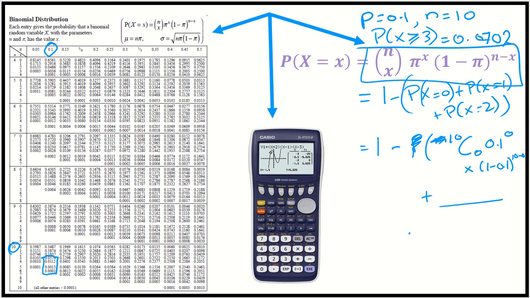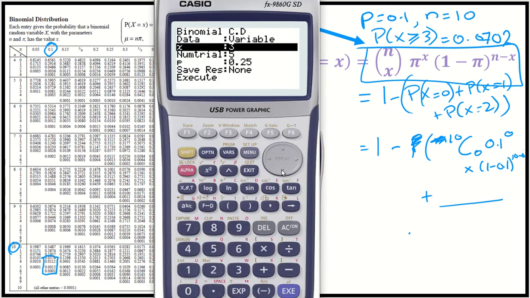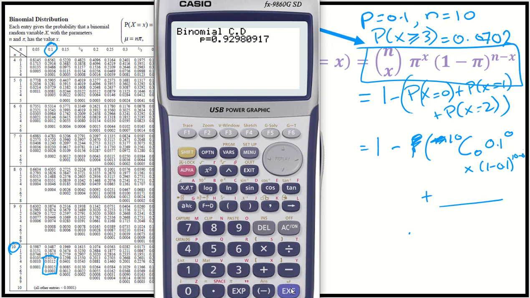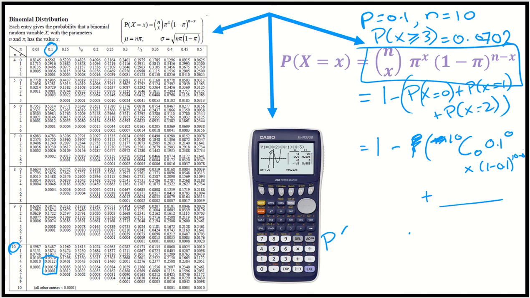So where was I? The x we're looking for was greater than or equal to 3, or less than or equal to 2. So I'm going to go for 2. My number of trials is 10 and my probability of success is 0.1. And that gives me a value there of 0.9298. So I'm going to use that and say the probability that x is greater than or equal to 3 is equal to 1 minus the probability x is less than or equal to 2.